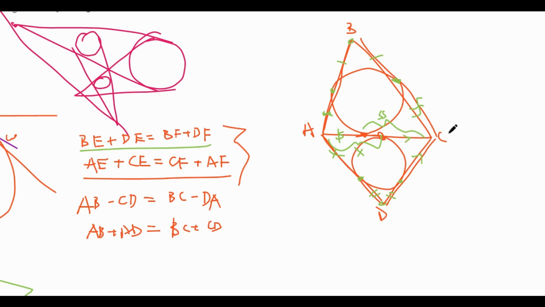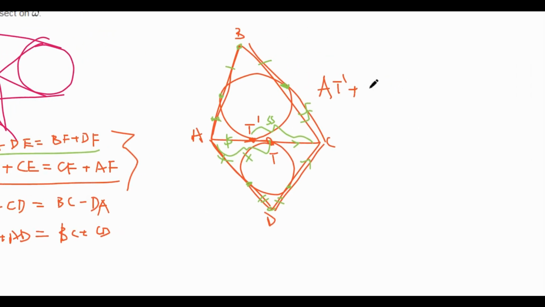So we have that, label these, the sum of AT prime plus AT is equal to CT prime plus CT, after canceling out both sides and moving them all to segment AC.